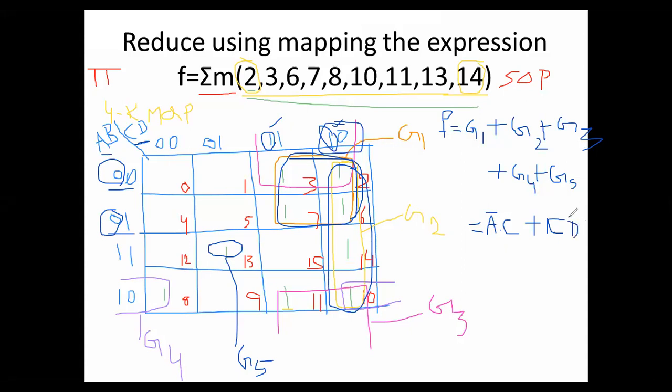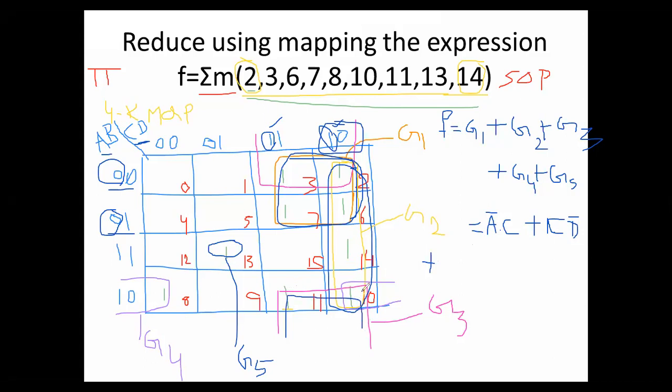So the group 2 expression is 1 dot CD bar, which means CD bar. Next, plus group 3. What is group 3?